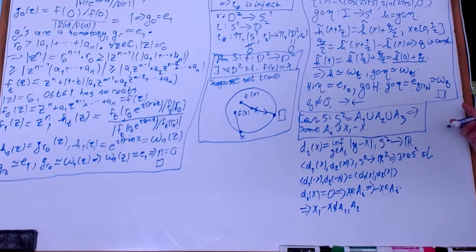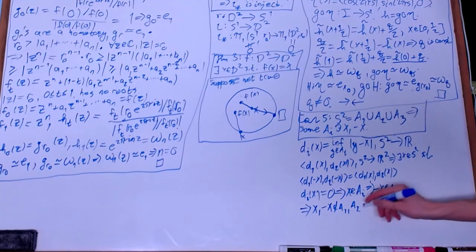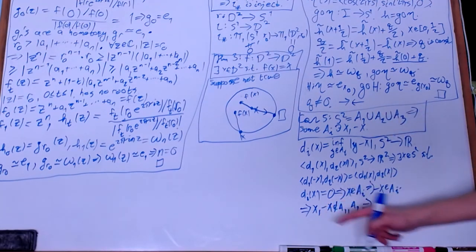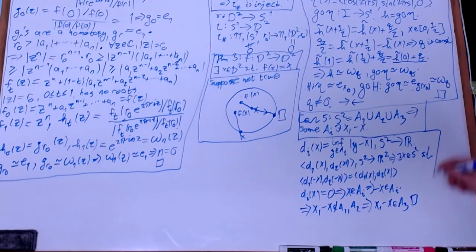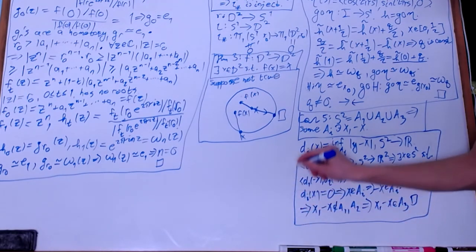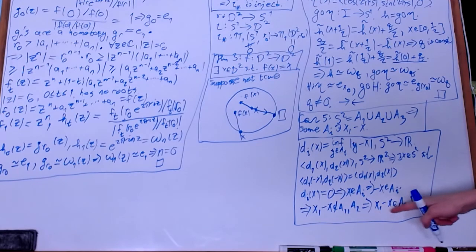That's equivalent conditions. But we know that the union of all three of these is the entire space. And so that means that if x and negative x are not an element of A1 or A2, they're both an element of A3. And so we get either one of those distances is 0, or we get that both of them are in A3.